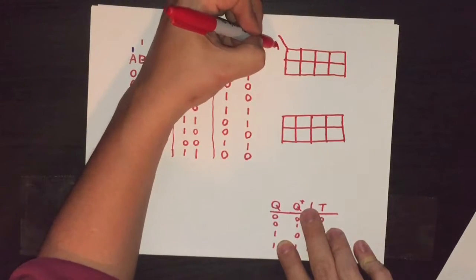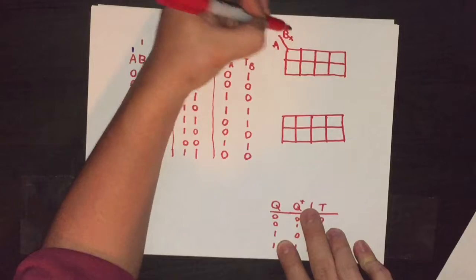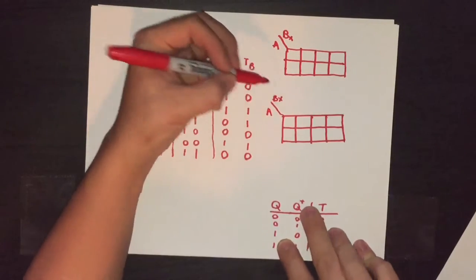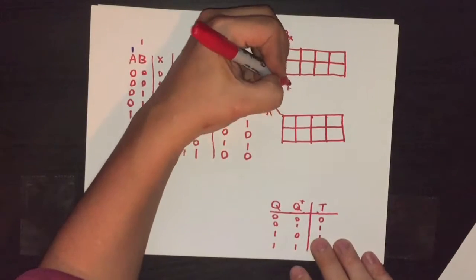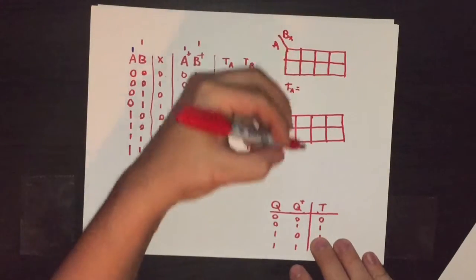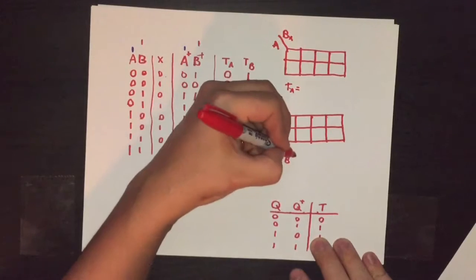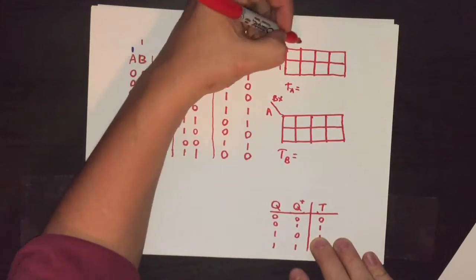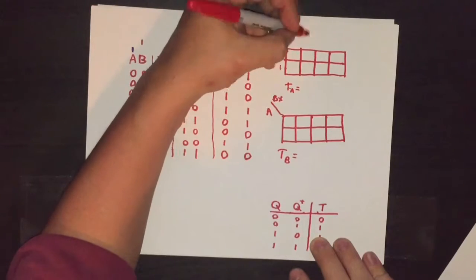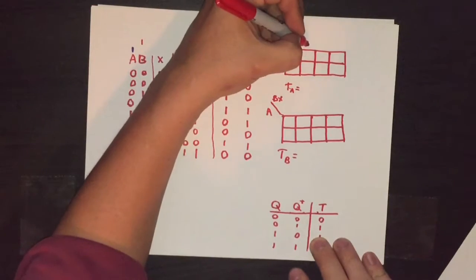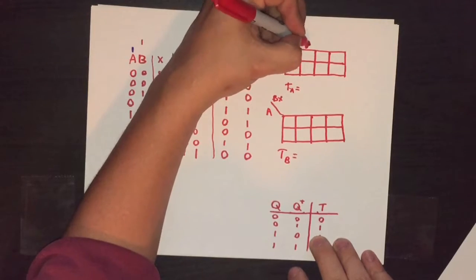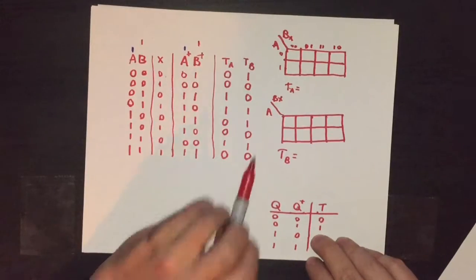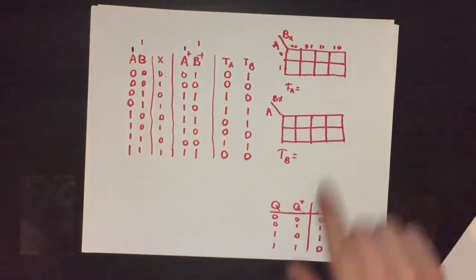Our three variables, A, B, X. Okay. This is TA and TB. I always like to number 0, 1, 0, 0, 0, 1, 1, 1, 1, 0. And I'll just look at this one for those, so I won't number this one.